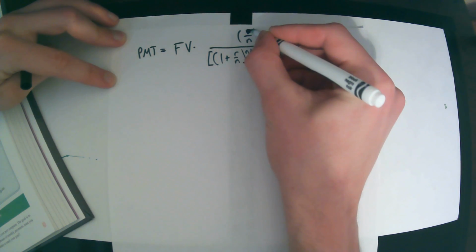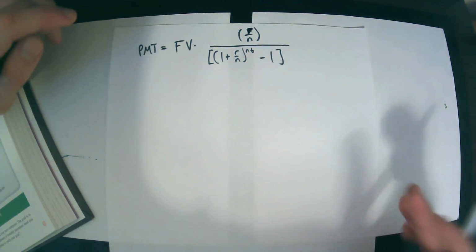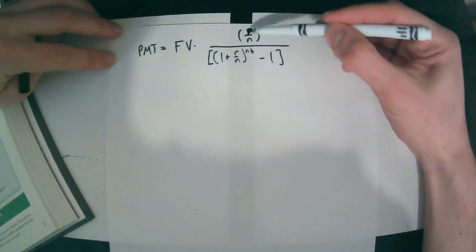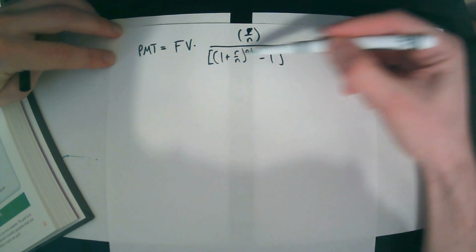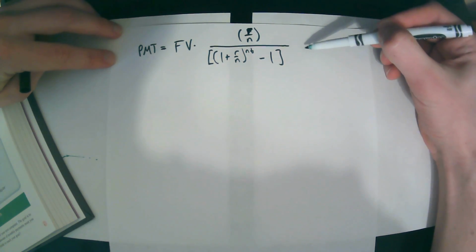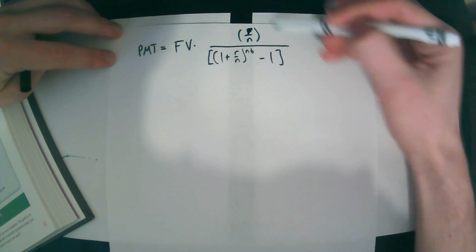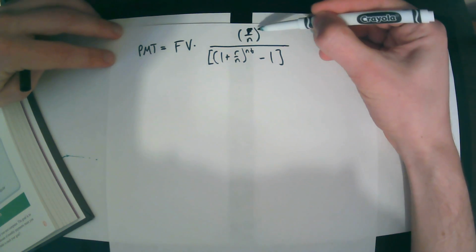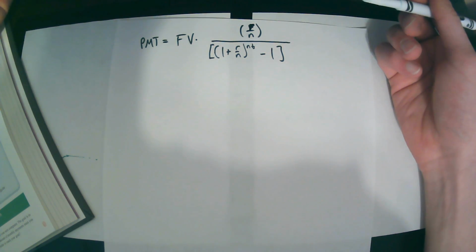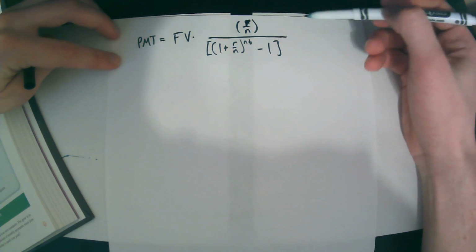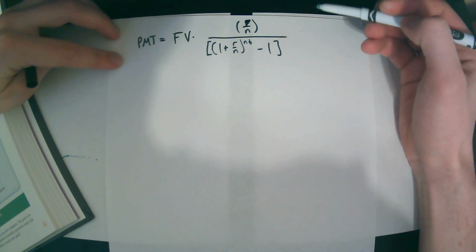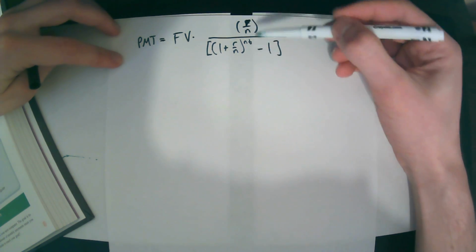We can't do the thing where, in the future value formula, this r over n was swapped, so I was able to take r over n and put it over here as a multiplication instead of a division, and that's because this is a very simple fraction, just r over n. Super simple to flip upside down. Flip it upside down, it's n over r, right? Can't do that here because this is not a simple fraction that can just be flipped upside down. So no luck there, I'm going to have to leave the formula this way.